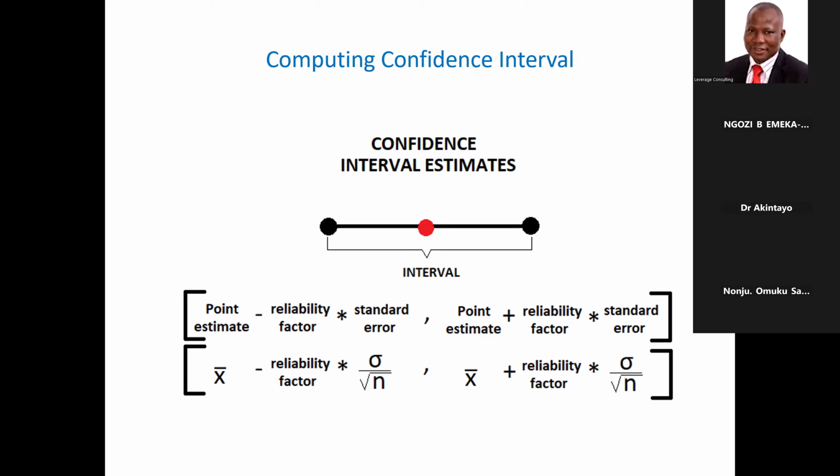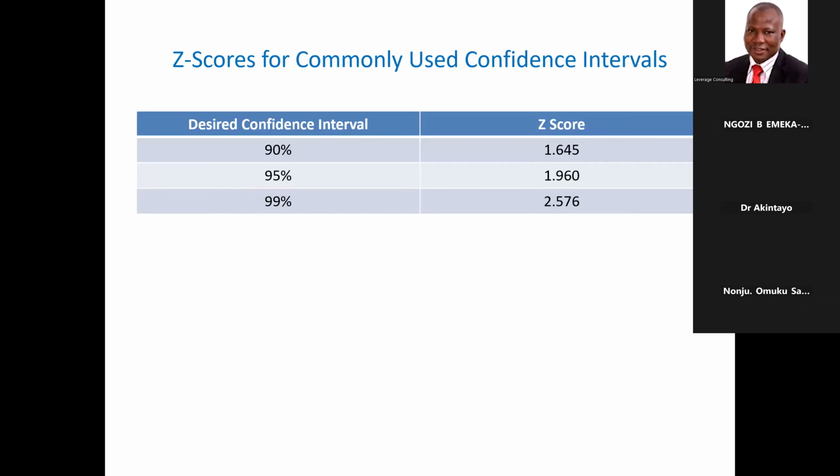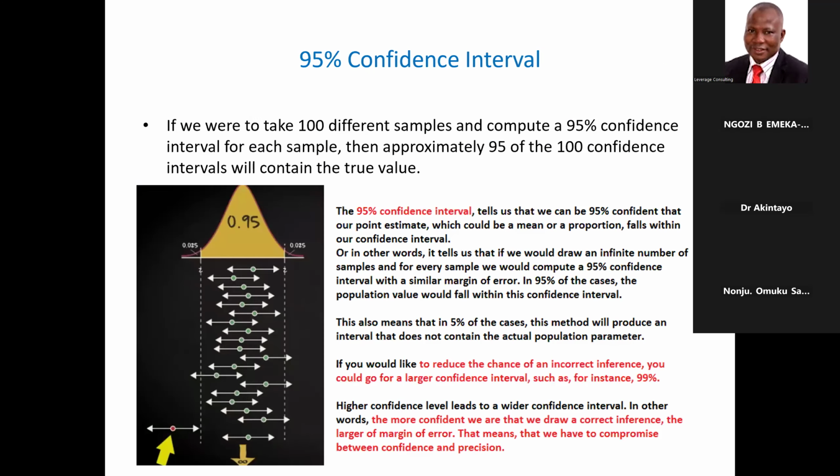For the higher levels of confidence, there are corresponding Z-scores. 1.645 is for the 90% confidence level. Nobody uses 90% because it's too small. People use 95, then 99%. For 95, it's 1.96. For 99, it's 2.5. Sorry, I said 2.8. It's 2.58, or 2.576.